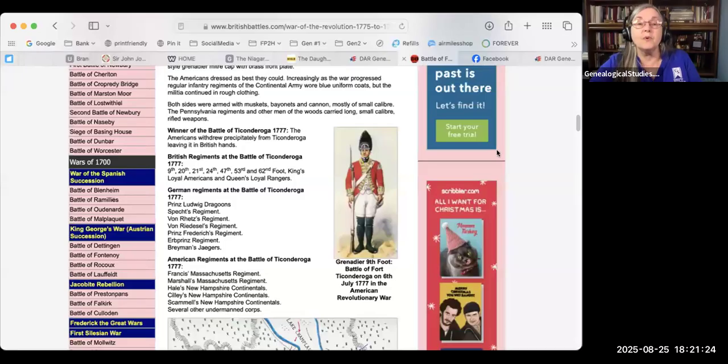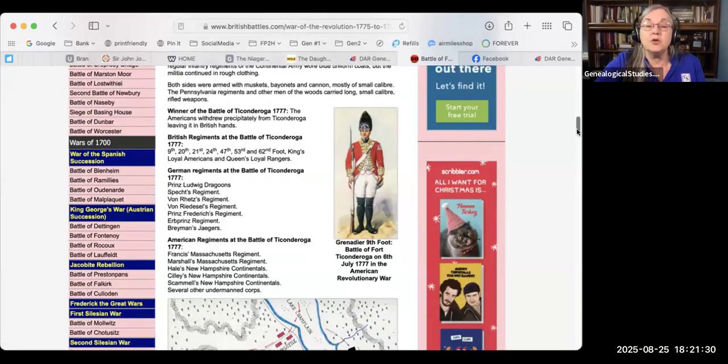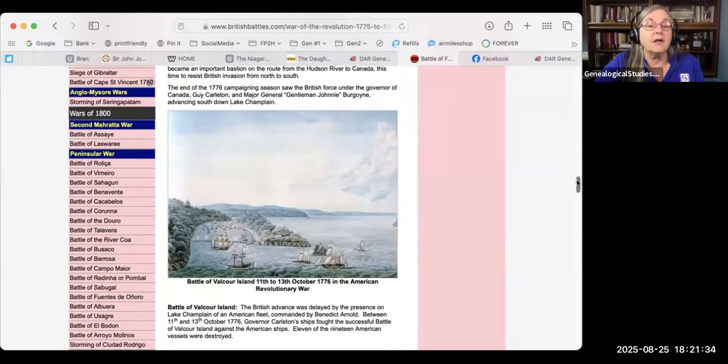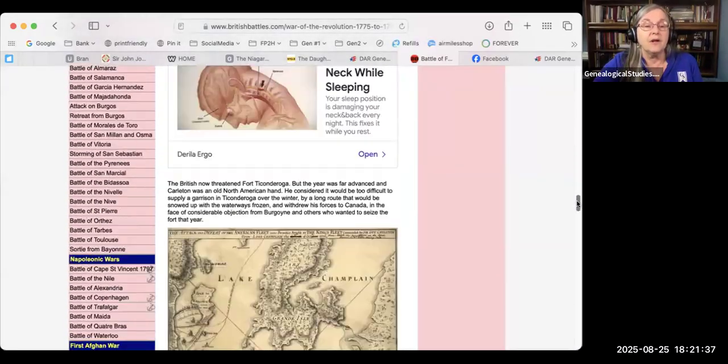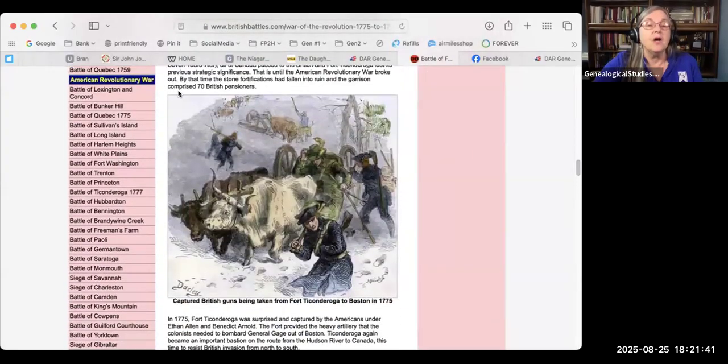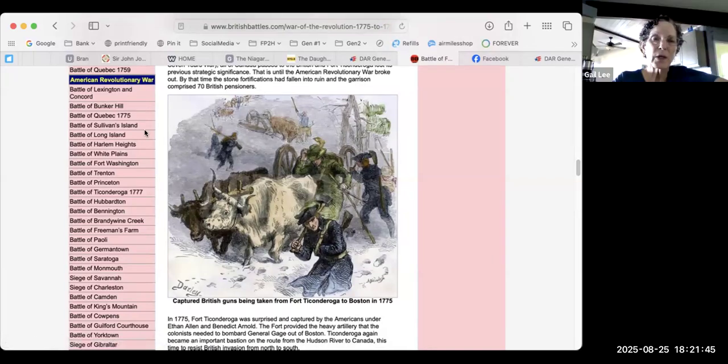So this one is BritishBattles.com. You would scroll down until you came to American Revolution on the left side here. So here is the section on the American Revolution. There it is. I see it.